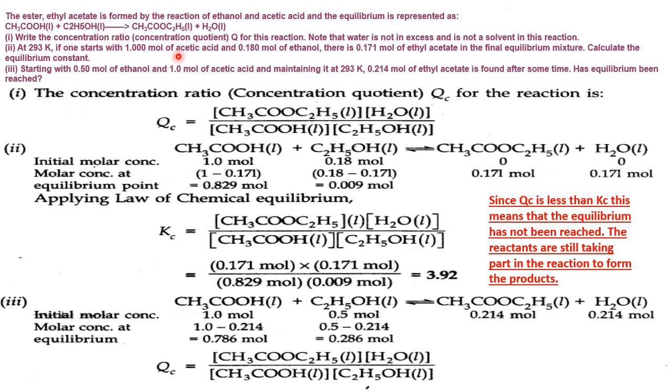Therefore, this many moles of both formed means that many moles have disappeared from their respective initial concentrations. Please use the knowledge from previous sessions. So after deducting, it is 0.829 mole of acid, 0.009 mole of alcohol, and the ester is formed, already as given.